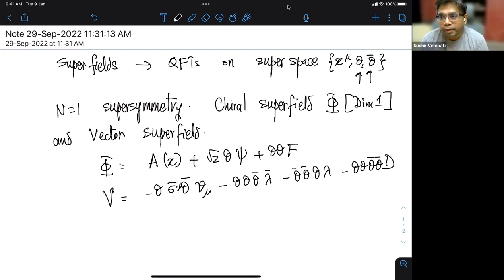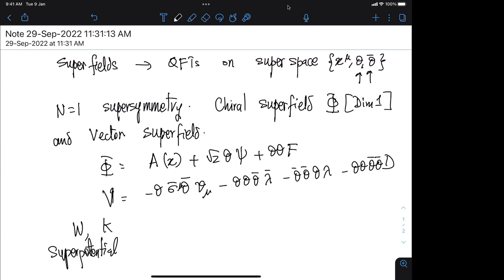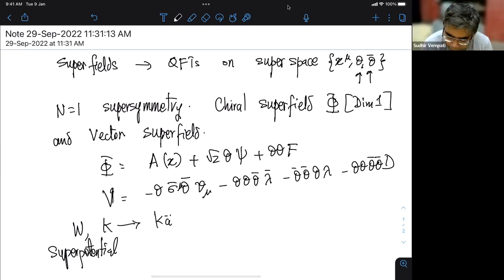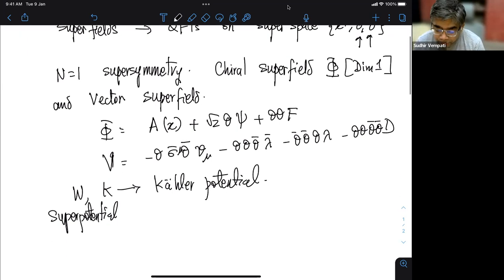And then we finally said that there are really two main functions which are important for us, W and K. W is nothing but your superpotential, and K is your Kähler potential. There are subtleties involved in these two. We'll come to it as and when we need.